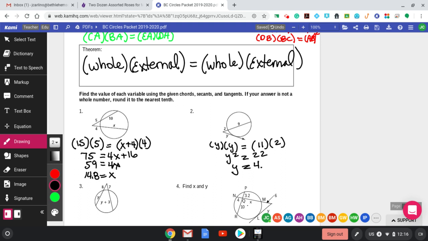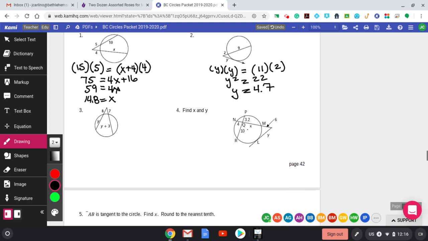So 4.7. Okay. We're good so far. All right, here we go. 2 secants, so still whole times external. I'll do the easier one. Y plus 8 is 1 whole secant times its external part, which is 8, is equal to, now how do I express the whole secant of the next one?